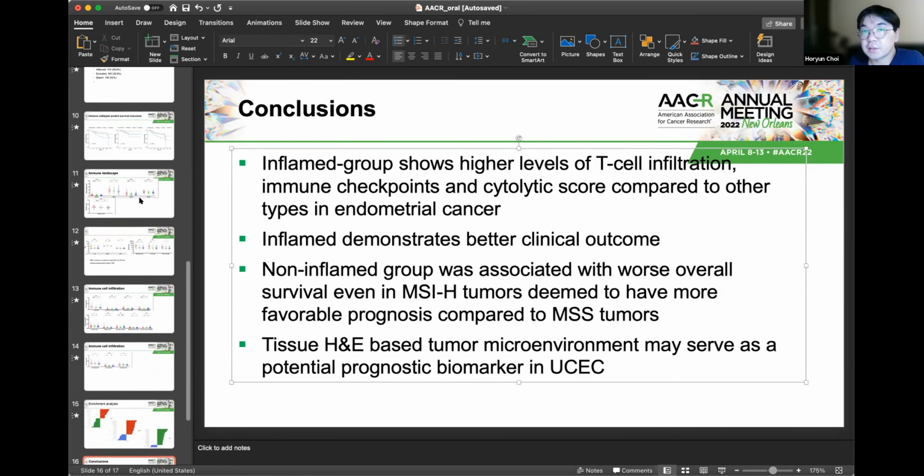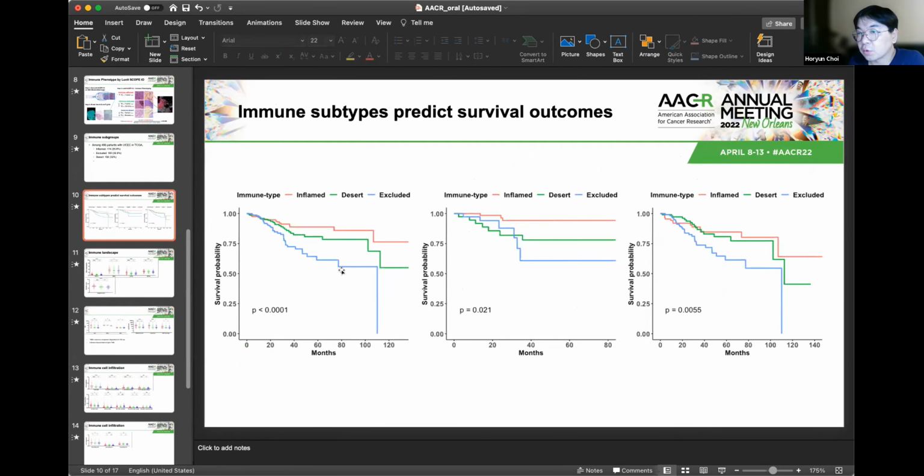And I have a question. So Dr. Che, do you think it's better to include the survival analysis between inflamed versus other group? Inflamed versus others.